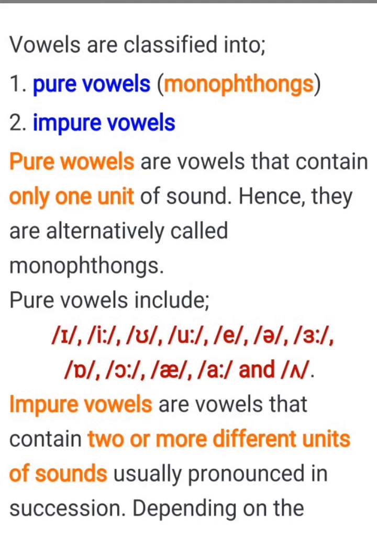Then we now come to impure vowels. Impure vowels are vowels that contain two or more different units of sound, usually two or three.